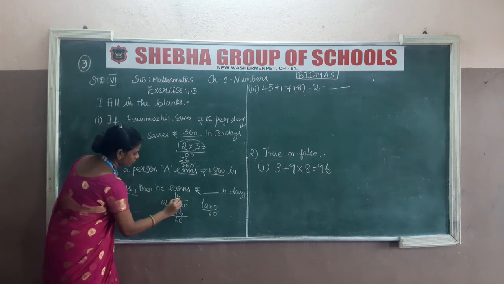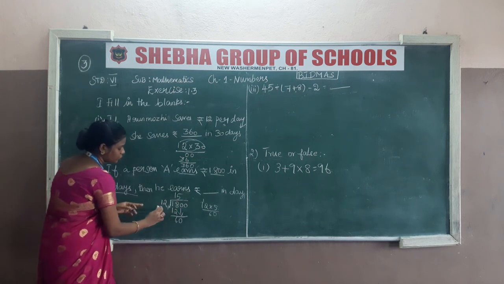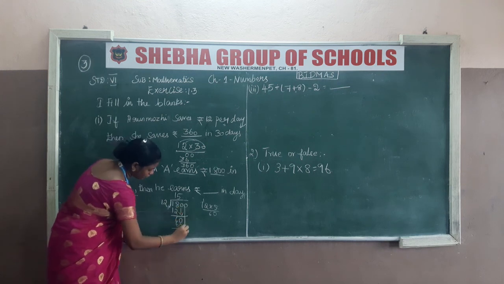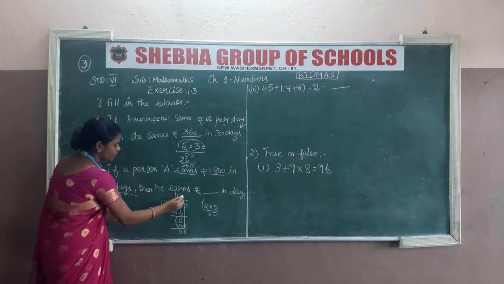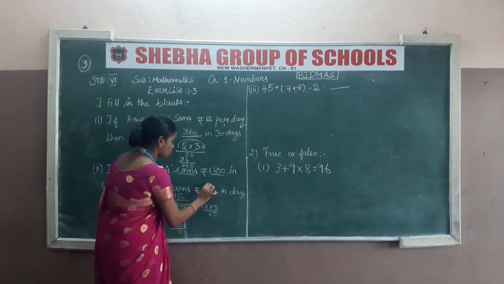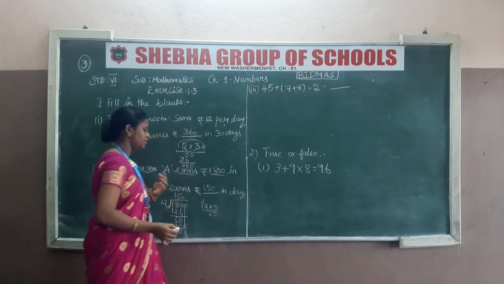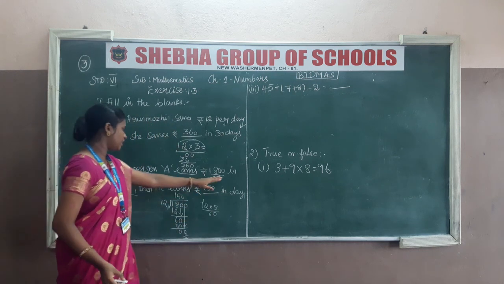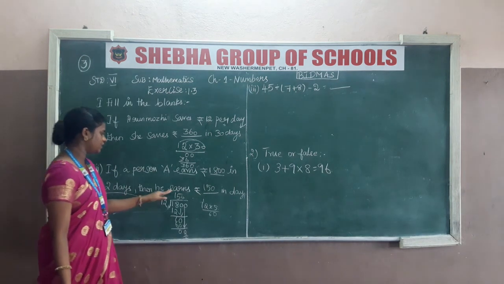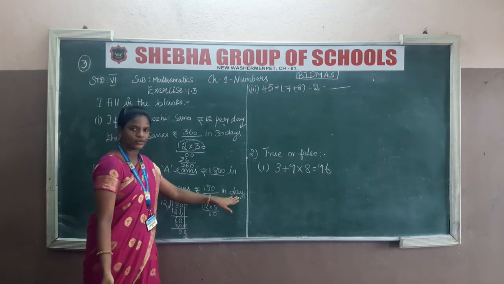Then the balance is 0. Then 12 zeros are 0. The value is 150 rupees in one day. 1800 rupees in 12 days, then he earns rupees 150 in one day.